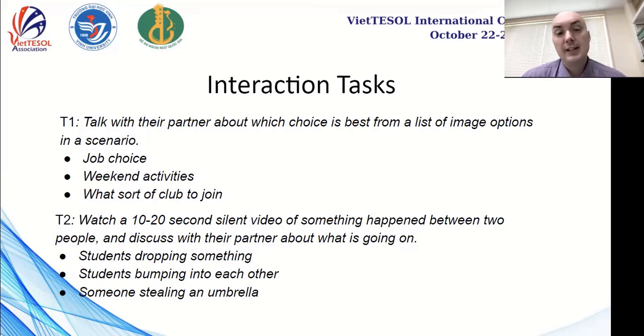The other portions of the test that we do have, there's another task where the students are given an image or set of images, and they're asked to talk about it with a partner, and it's very open-ended. They can do what they want, but we're reassessing if certain tasks are more difficult than others.